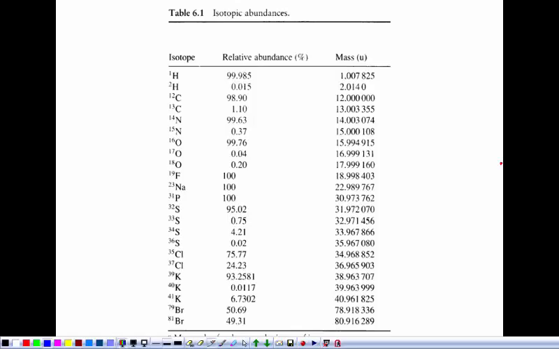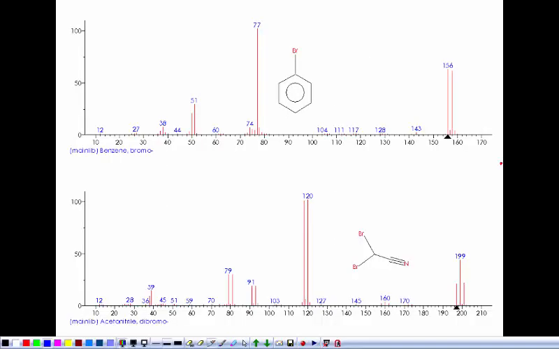So for instance, if I have the mass spectrum of bromobenzene, notice that there are two peaks there. One corresponds to the bromine 79 being in the molecule, and the other corresponds to a bromine 81 being there. And since there's a 51-49 ratio of those two isotopes, those peaks are almost 50-50. Okay, so you have two peaks.